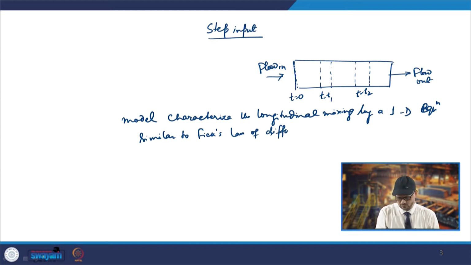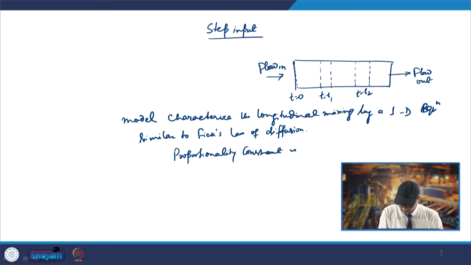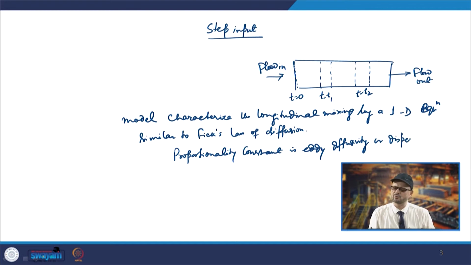As you know, in Fick's law of diffusion you have the diffusion constant. Here also you will have a proportionality constant, and it is known as the eddy diffusivity, or we also call it the dispersion coefficient, that is dE.